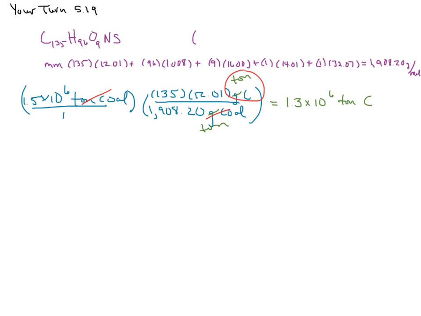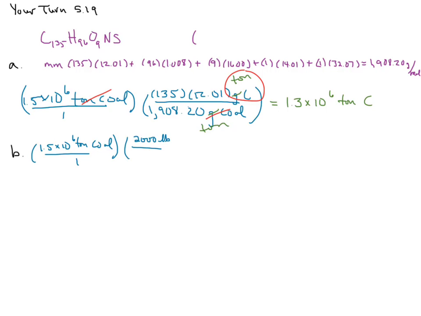The next question is how much energy would be released, based upon 30 kilojoules of energy per gram of coal. And so here we go. Again, if we're going to burn 1.5 times 10 to the 6th tons of coal, they gave us some useful conversions to get from tons to grams.